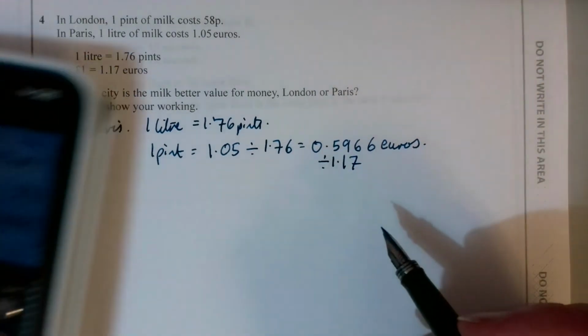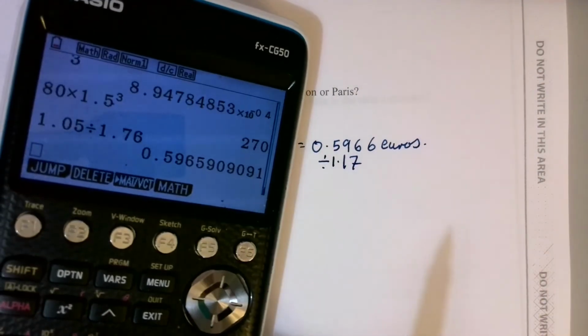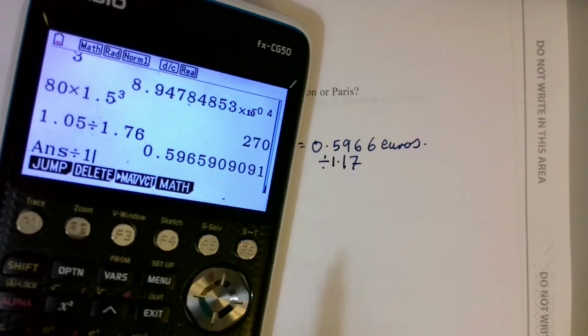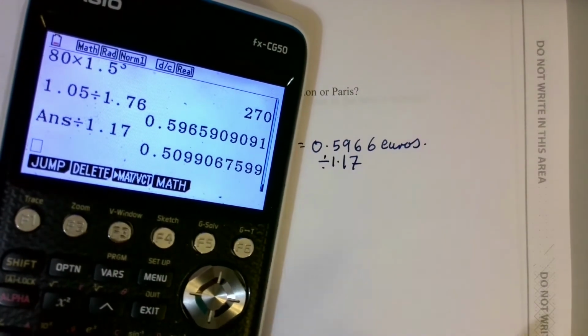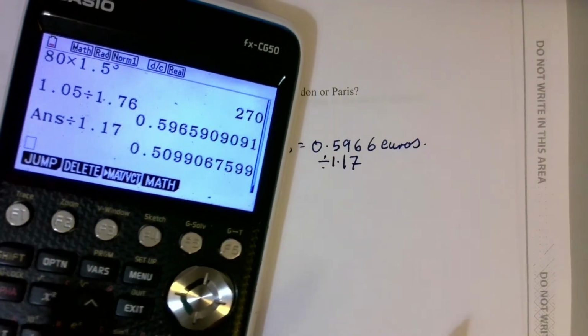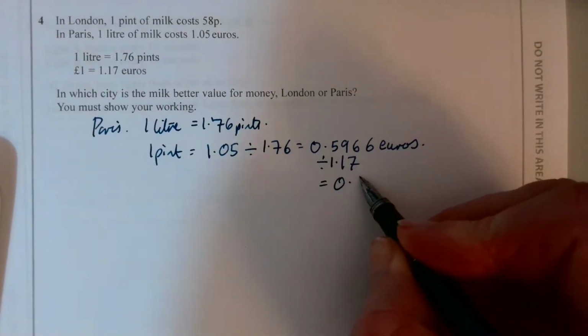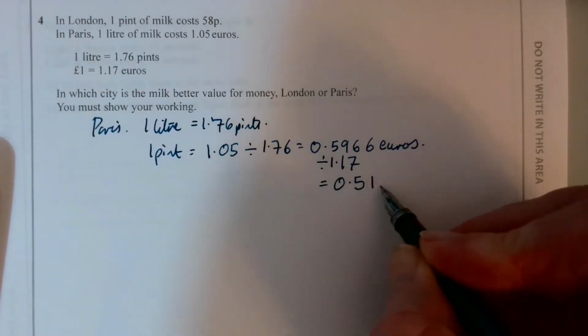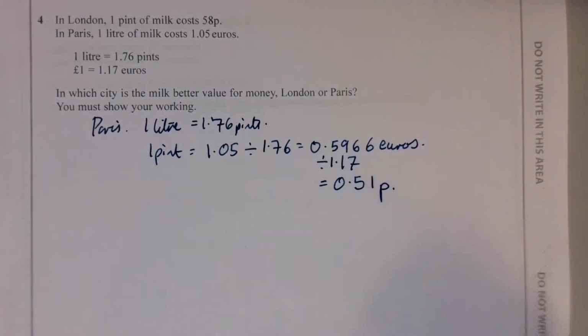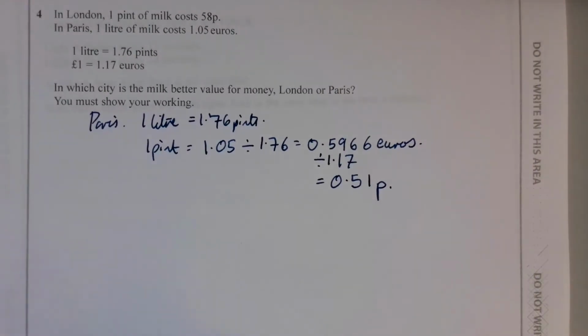Just so I can get the accuracy here, if I just press divide by 1.17 and press equals, I get 0.5099. So that would be 51 pence to the nearest penny in Paris, whereas it's 58 pence in London.